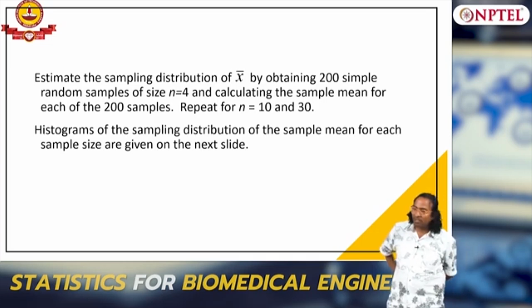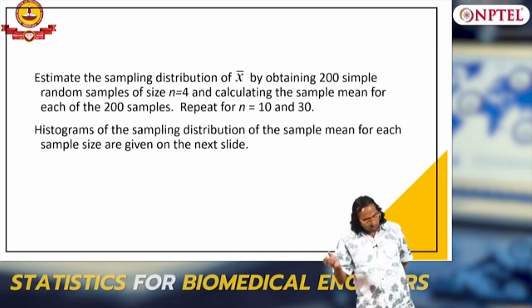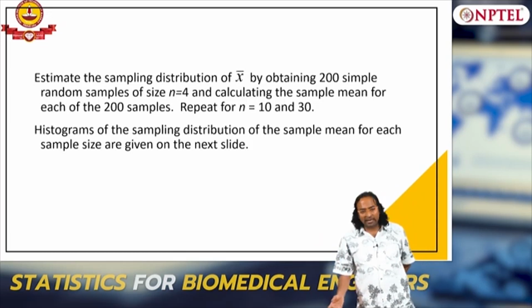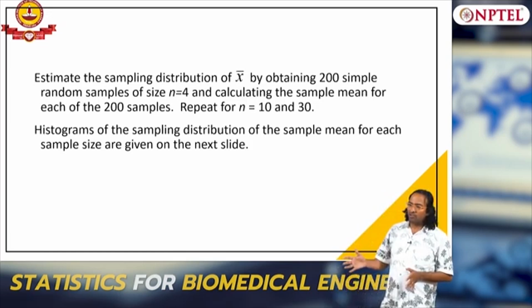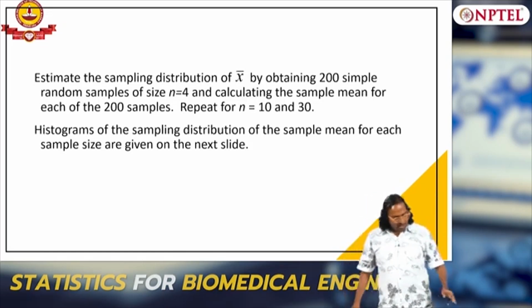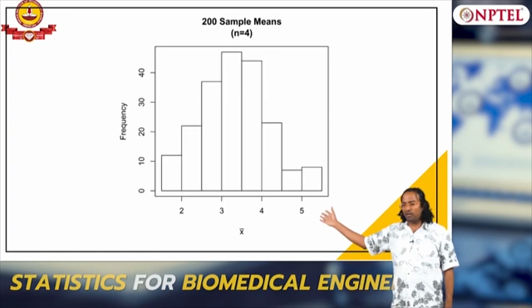What am I saying? You throw a die 200 into 4, 800 times, and make it into buckets of 4. So you will have 200 sample means, and plot it.